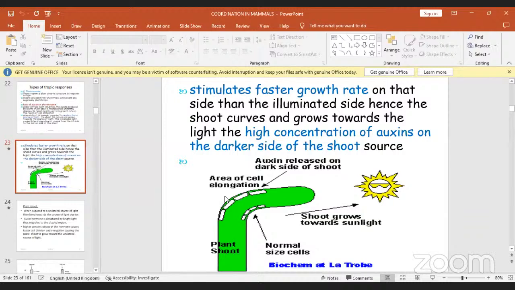So where auxins migrate to, that part will grow faster than the part with less auxins. Because it elongates faster than the part that is lit, the plant will curve towards the direction of light. And this one will enable this plant to maximize on the light, use that light to photosynthesize, and also so that it is able to survive and grow.